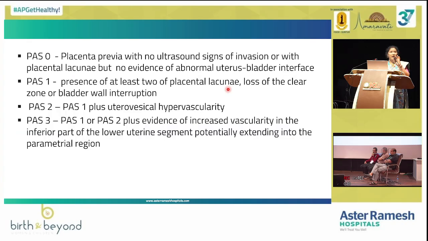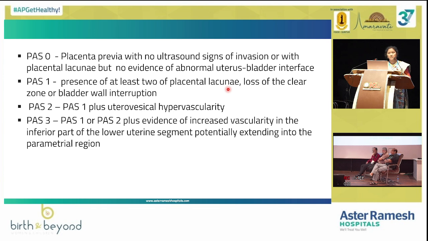This staging based on ultrasound, they have given and compared with the outcome. Stage 0 is when you have a placenta previa with no ultrasound signs of invasion, or if you see placental lacunae but no evidence of abnormal uterus-bladder interface. Stage 1 is the presence of at least 2 of: placental lacunae, loss of clear zone, and bladder wall interruption.